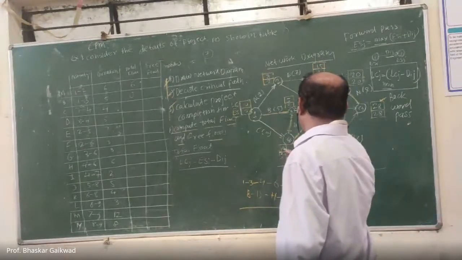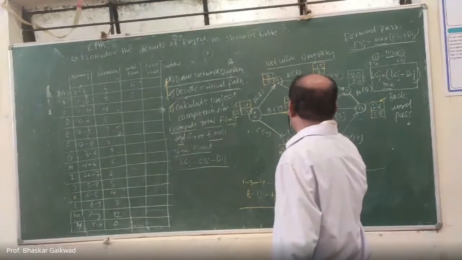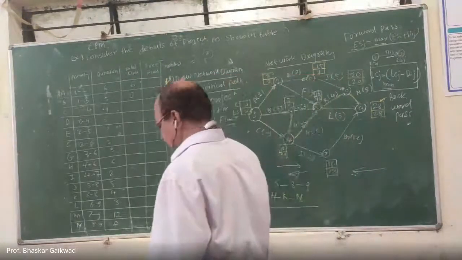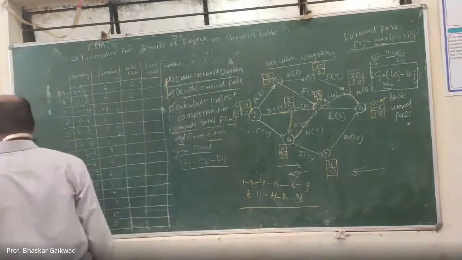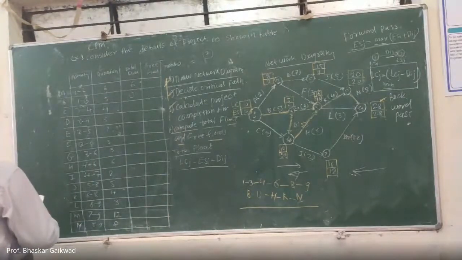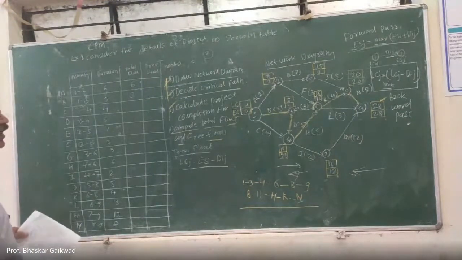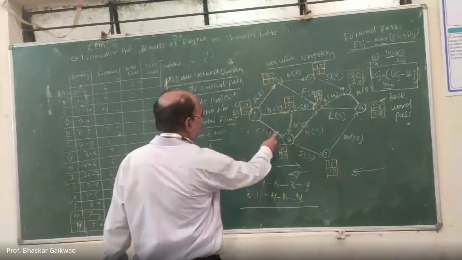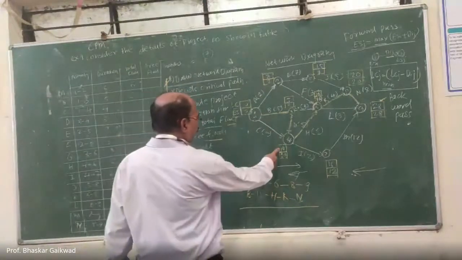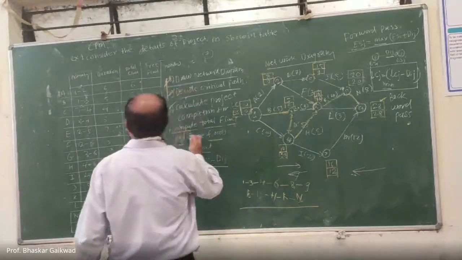So here 10 is there. Previous activity is minus and the duration is minus. C activity is 1 to 4, not 3 to 5. So for 1 to 4, 10 minus 0 minus 4 gives 6.